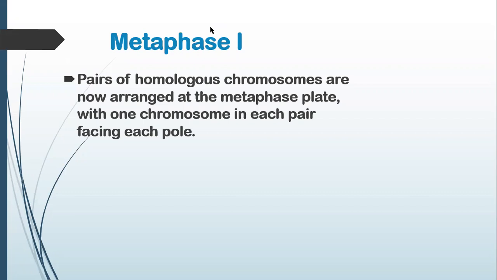Now here, it is pairs of homologous chromosomes that arrange themselves on the metaphase plate, such that during anaphase, when they are separating, each chromosome of the homologous chromosomes of the bivalent goes to the opposite poles.